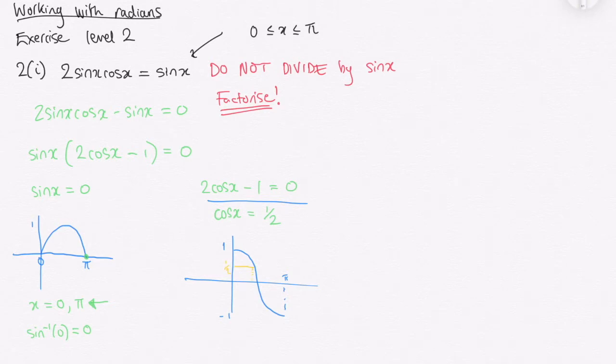We can either put into our calculators x equals cosine inverse of a half, or this is one you probably should know, that gives pi over 3. So the solution is x is equal to 0, pi over 3, or pi. If you are doing this on your calculator, make sure you are in radians mode.